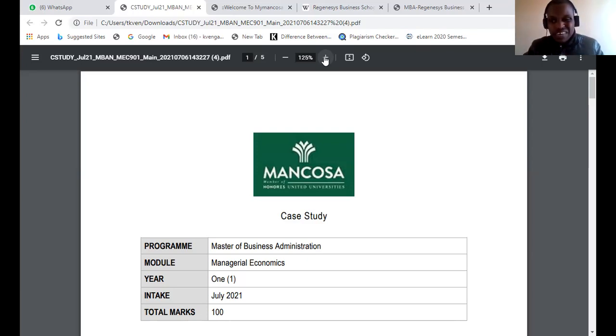But you definitely need to have an understanding of the principles of economics for you to be able to answer these specific questions. Because without the understanding of those principles, it will be difficult for you to understand what exactly they want you to apply. So you might end up having very low marks because you would have answered the questions, but you would not have applied the principles of what? The principles of economics. Yes.